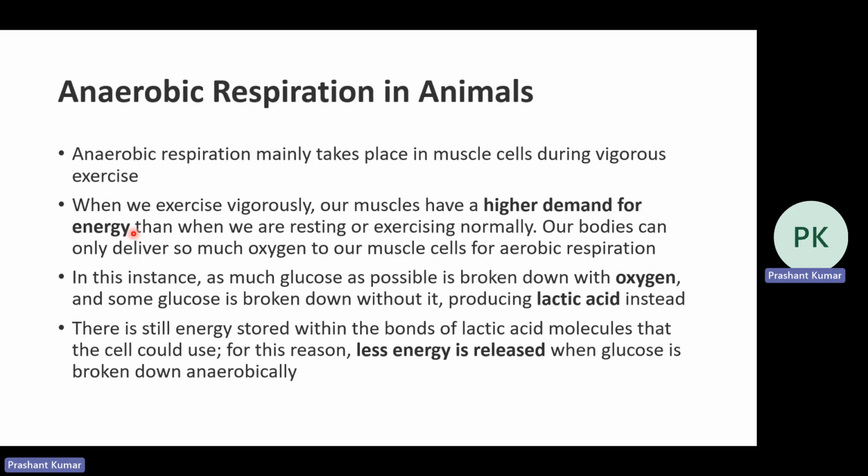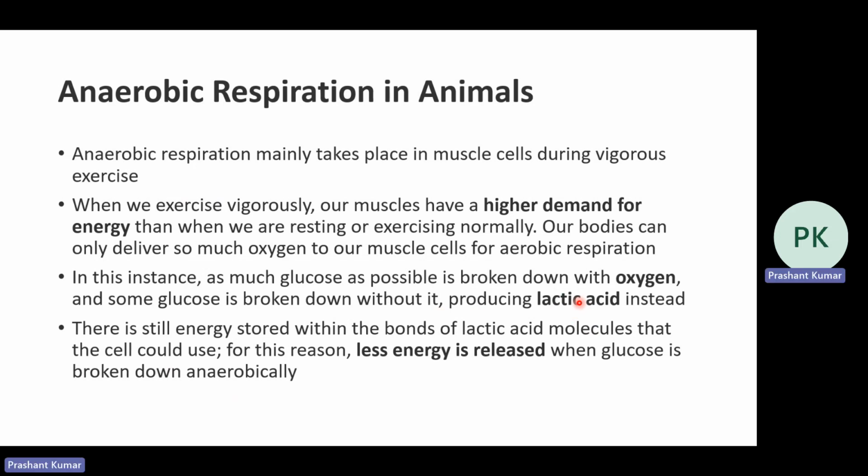And when we are resting or exercising normally, our bodies can only deliver so much oxygen to our muscle cells for aerobic respiration. In this instance, as much glucose as possible is broken down with oxygen, and some glucose is broken down without it. And when it is broken down without oxygen, we will get lactic acid.